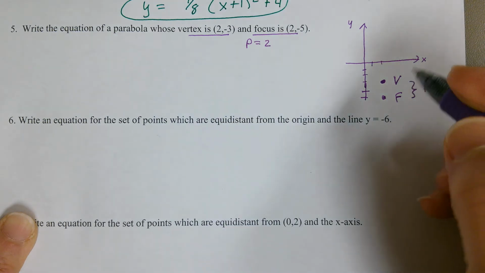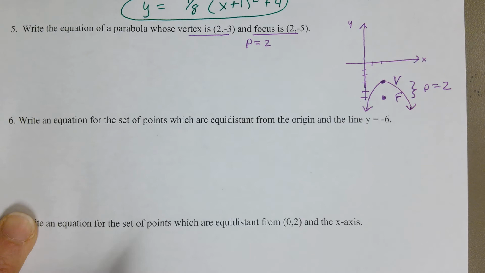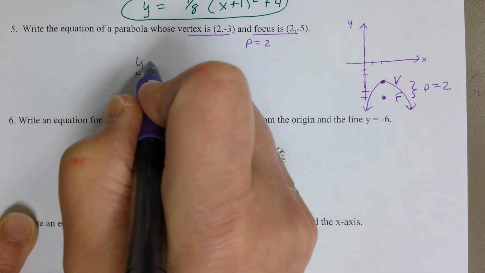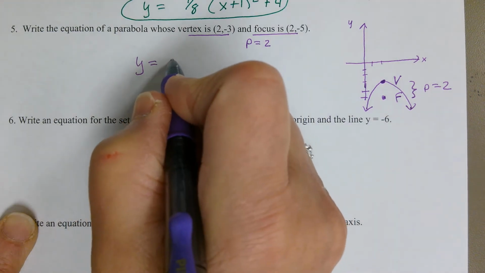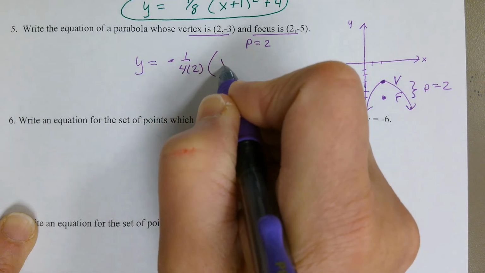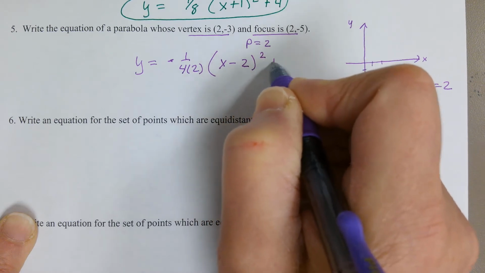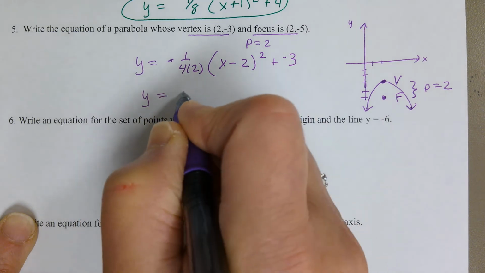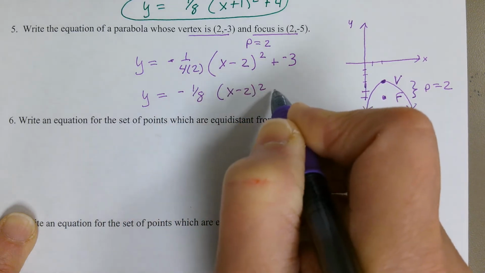Does this open up or down? It opens downward, so our leading coefficient is negative. Y equals, substituting into the formula, 2 for p, -1 over 4 times 2 times x minus 2 squared plus -3. Y equals -1/8 x minus 2 squared minus 3.